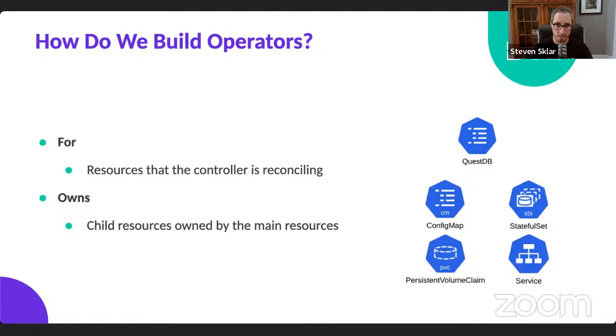Owns is another type of watch for the objects that our controller is actually controlling. So these are the things that we are orchestrating, like the QuestDB stateful set and config map and persistent volume claim. If there is a change in any of these resources that is owned by a QuestDB custom resource, that QuestDB custom resource will also be eligible for a re-reconciliation.